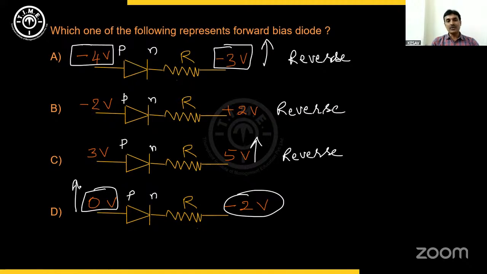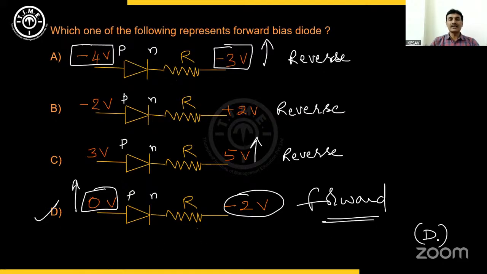So higher value is given to the P region and lower value is given to the N region. It's like battery positive to the P region, battery negative to the N region. So this diode is in forward bias mode. Which one of the following represents the forward bias? That is D. So D is the right answer for this question.